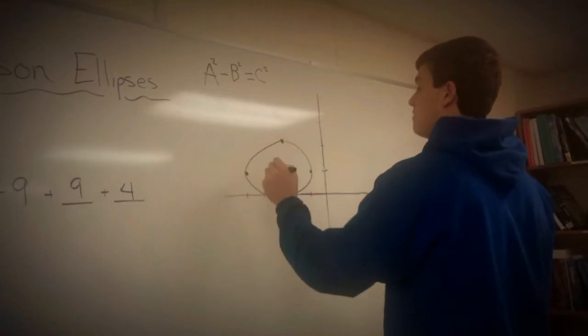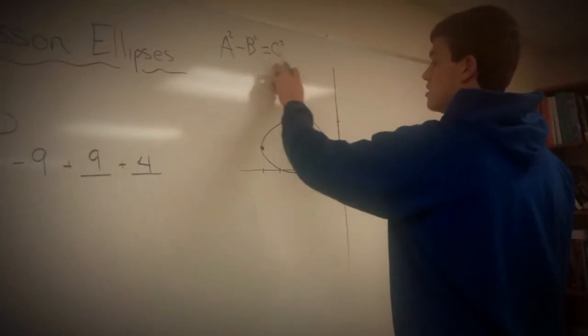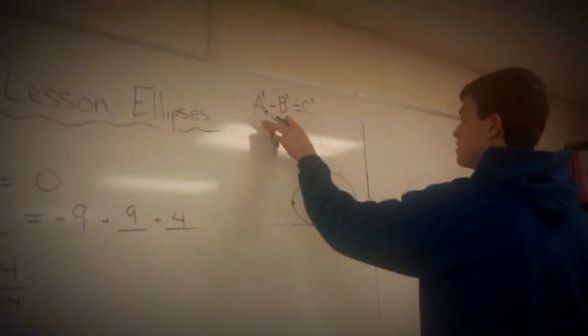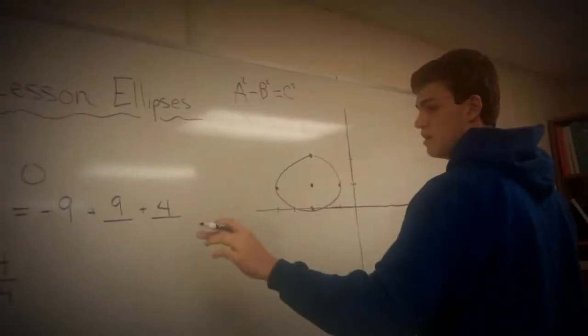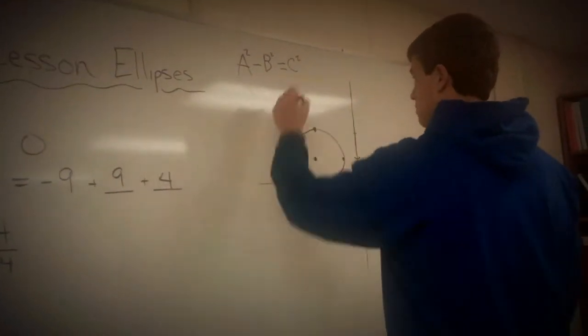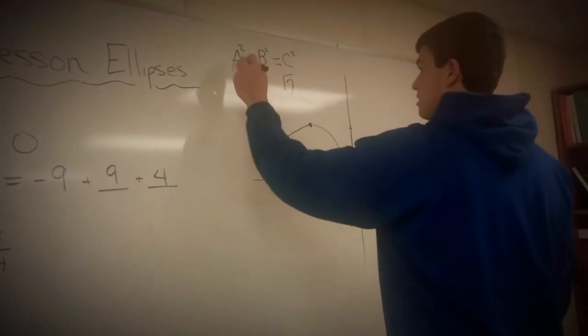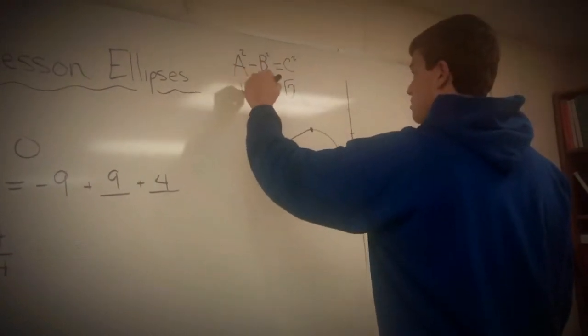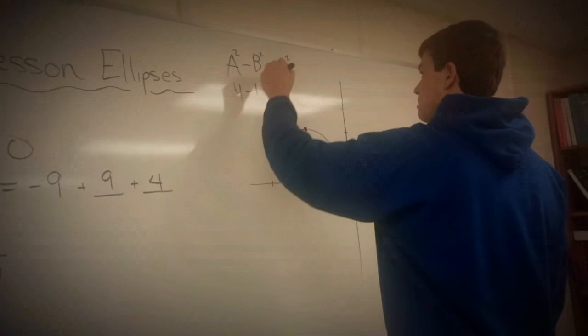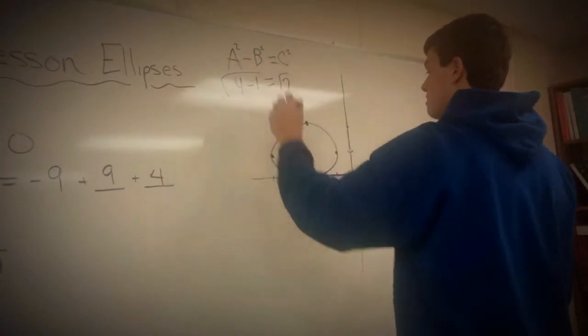Beautiful. Now to plot the foci, we need to use this equation here, a squared minus b squared, which gives us root 3, because a squared is 4, minus b squared is 1.